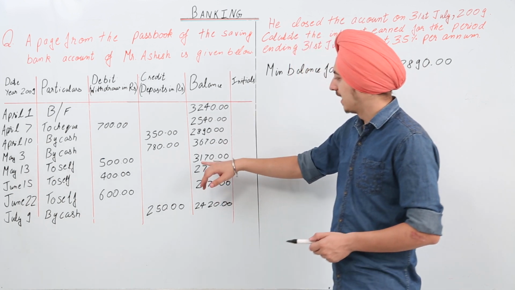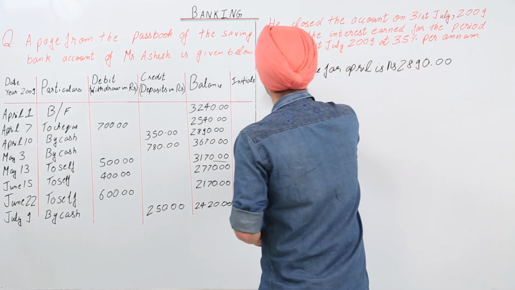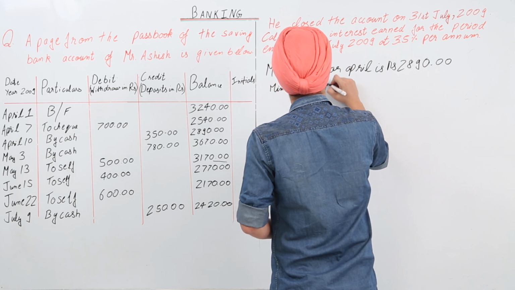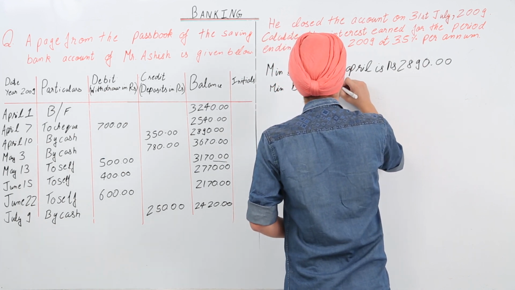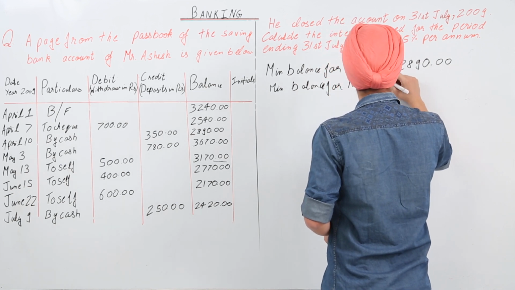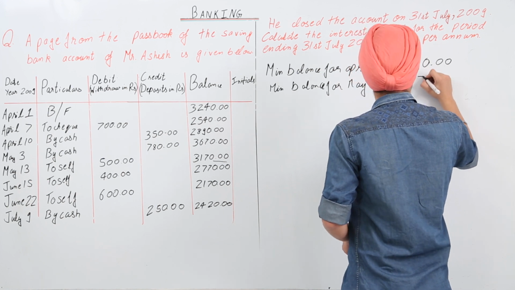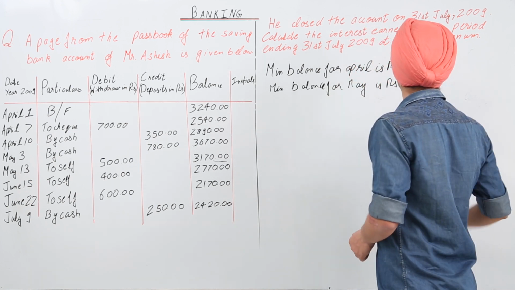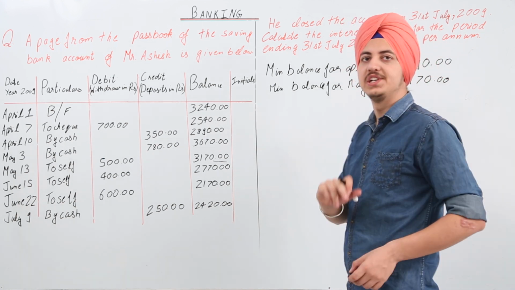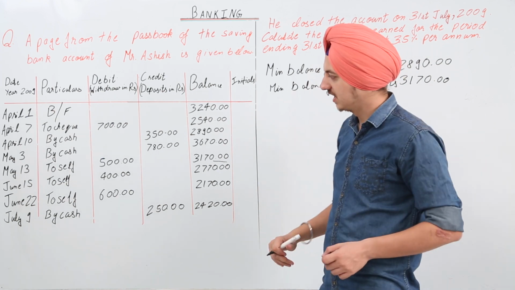So this is the minimum balance, that is 3170 for the month of May. So minimum balance for May is rupees 3170.00. This is also very important that we write all the decimal places up to 2 decimal places, even if they are 0.